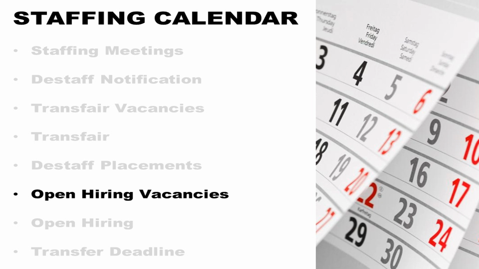The dates for open hiring vacancies have not been announced to date, so I'm not providing those here, but you should be able to find that information on the website coming up. Open hiring and open hiring vacancies are of special note for those who are on 1-year only contracts and anybody who's not yet a teacher for Fairfax County Public Schools.